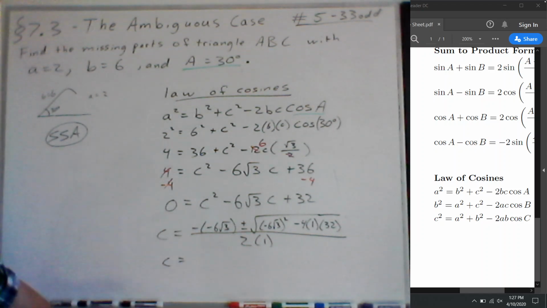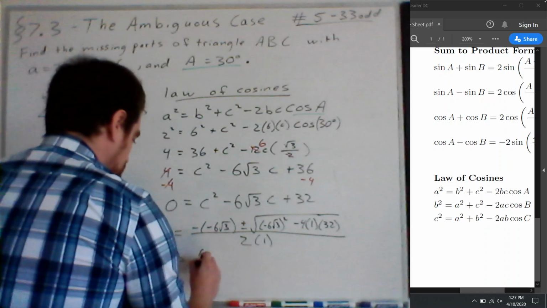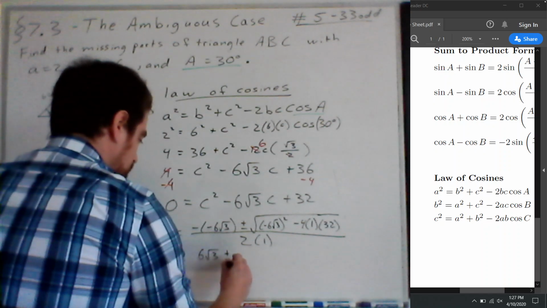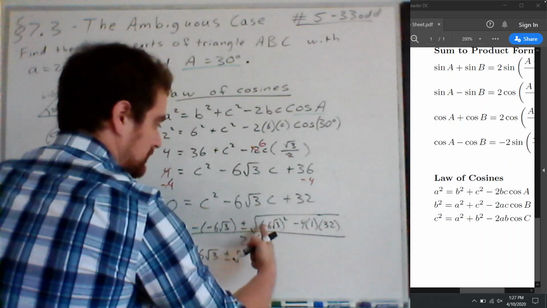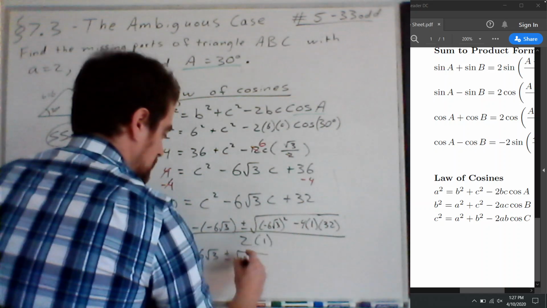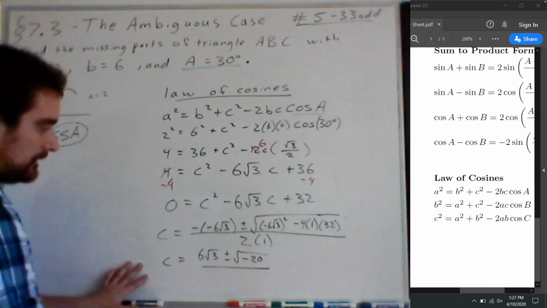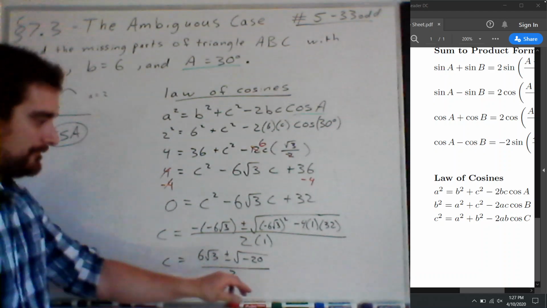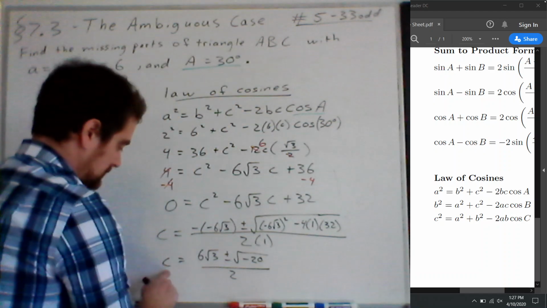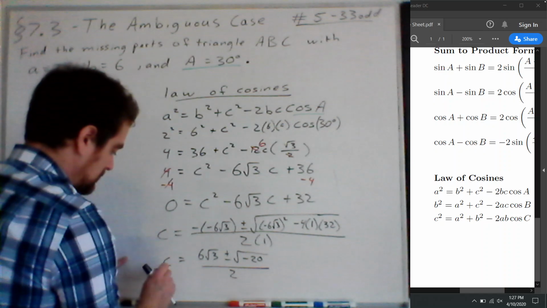Just to save space and time, when we do work through this, we will get the value that c is equal to 6 root 3 plus or minus the square root of this stuff, which is called the discriminant, which will give us negative 20, over 2. Now, this c is a side.